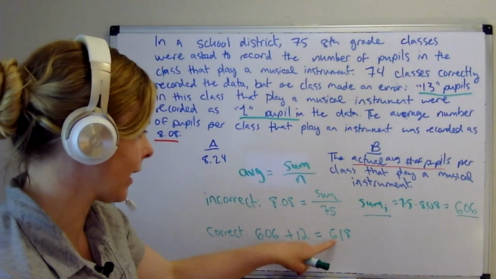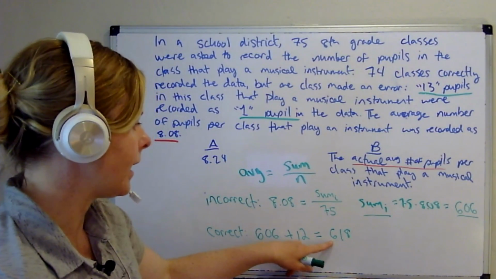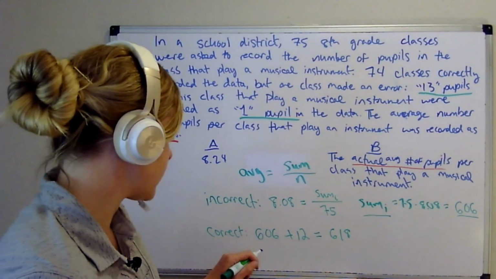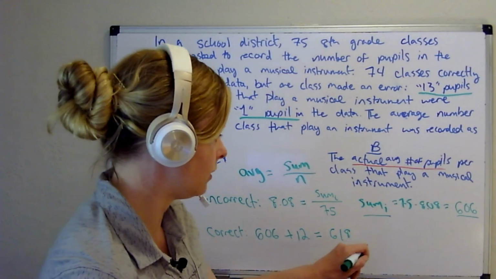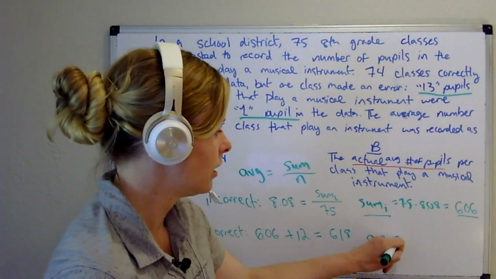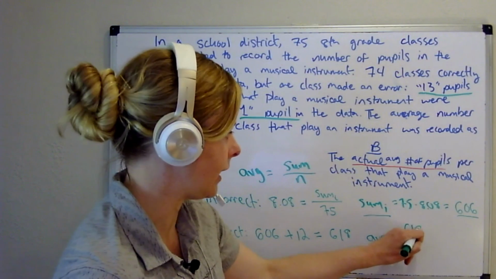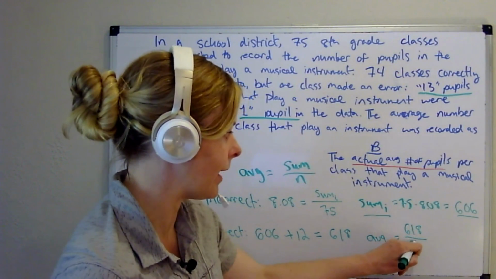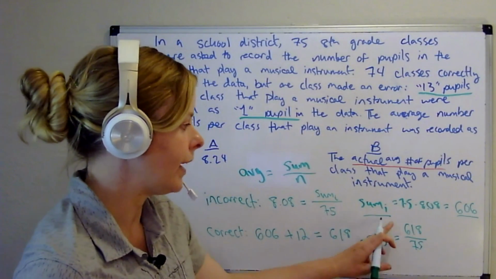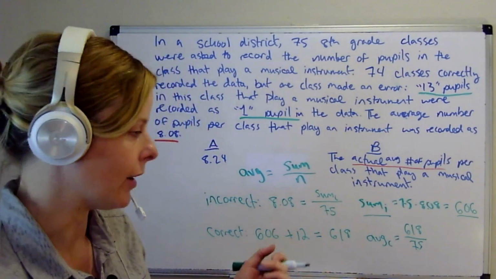So now that I've got my correct sum, I can work out what my correct average is supposed to be. So let's go ahead and carefully label that as well. My average, and let's say sub C for correct, is equal to 618, my sum, divided by my n. We've still got that same exact number of classes. Again, to me, this is a great time to whip out your calculator.